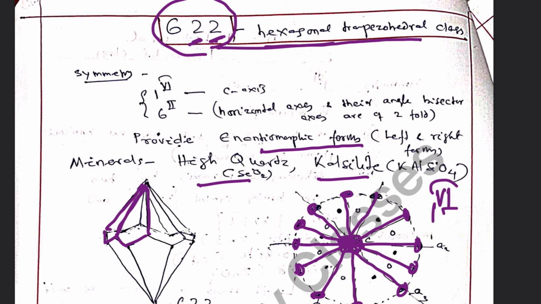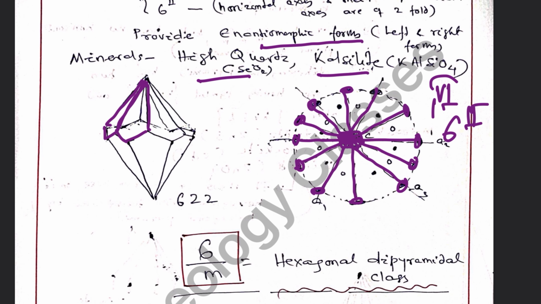So these are the 6 axes of 2 pole symmetry and no plane, no center.